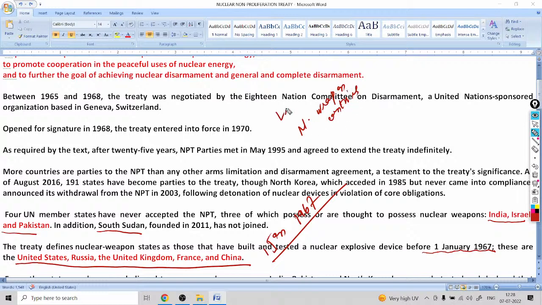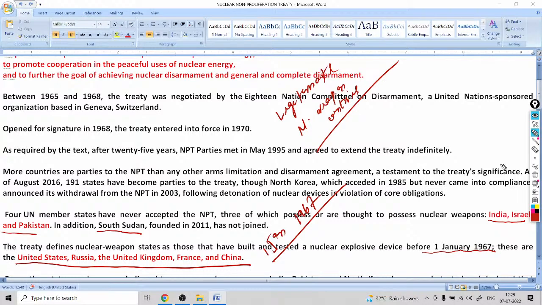Or you can say legitimate nuclear weapon countries. Okay, so they have been legally accepted as the countries that tested nuclear weapons prior to the treaty coming into force.